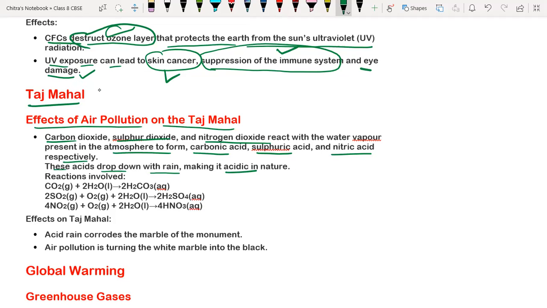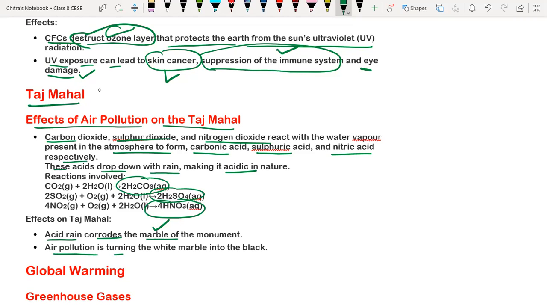You know that, right? Yes, sir. So acid rain corrodes the marble that is used for the construction of the Taj Mahal. Marble is a chemical substance that reacts with carbonic acid, sulfuric acid, and nitric acid and corrodes, due to which the shine of the Taj Mahal decreases every year.